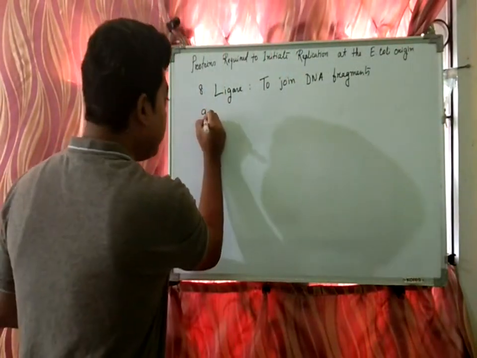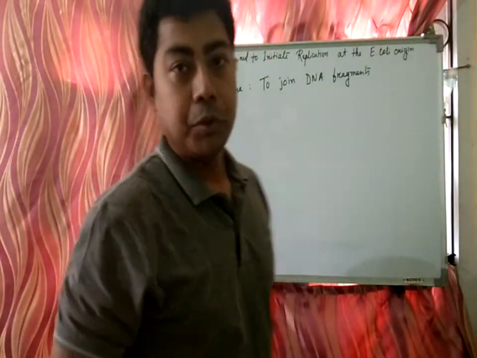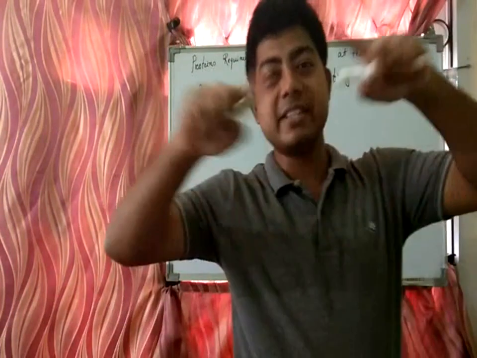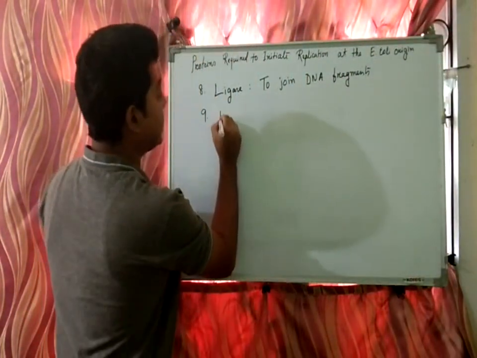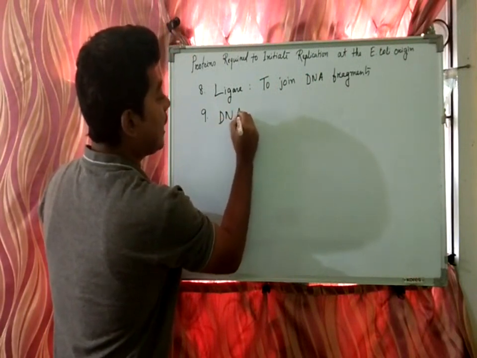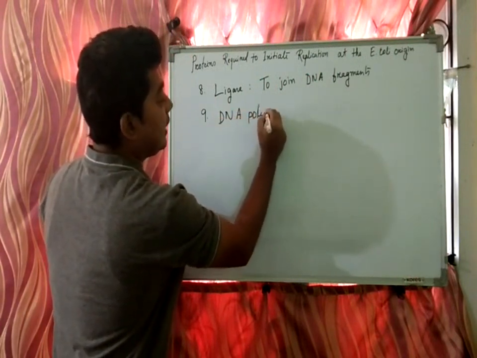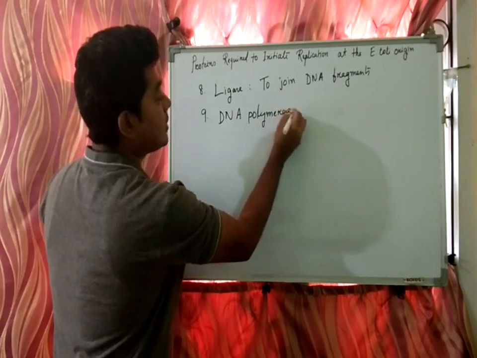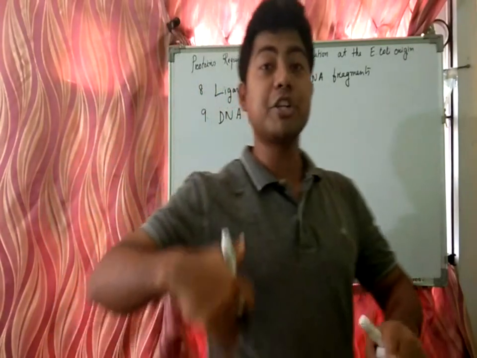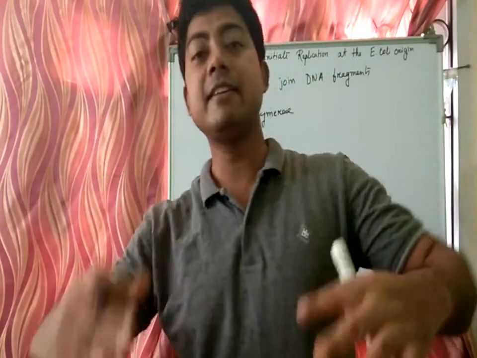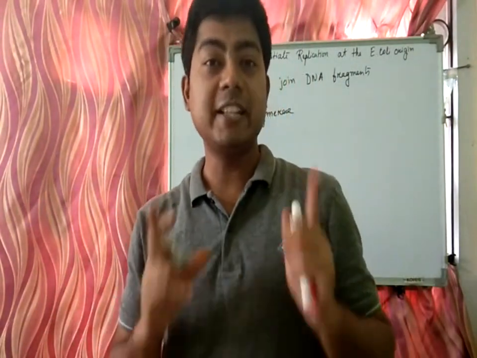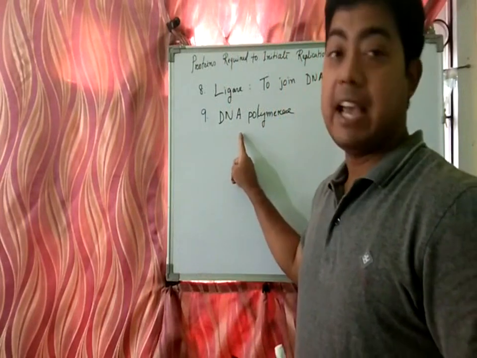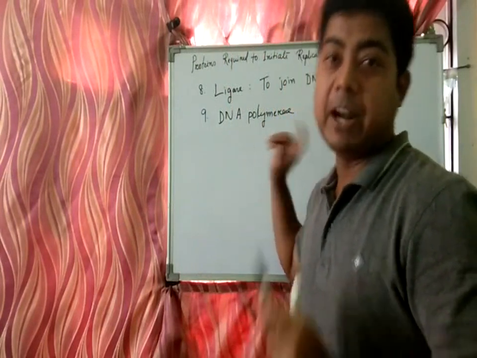Another enzyme, which is involved in the whole process, is called DNA polymerase, because polymerization means increasing the number of DNA. The main role is played by this enzyme, DNA polymerase.